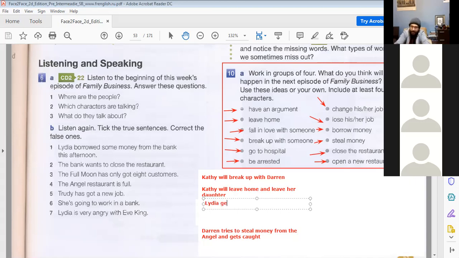So Lydia gets into an argument with her two sons, and Darren shoots Nick in the leg, and then we can say Lydia gets a heart attack and goes to hospital.